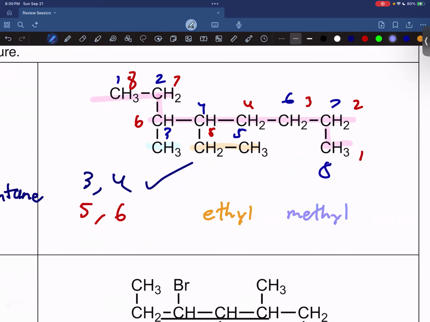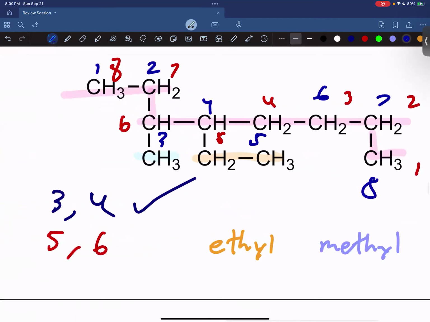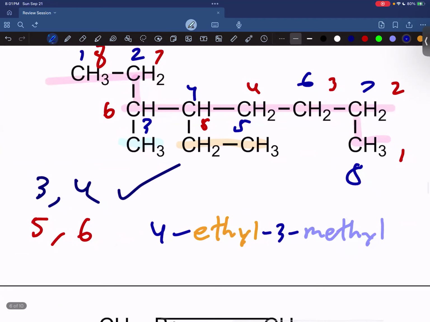Okay. We're looking at the blue numbering, right? So we want that 3 and we want that 4. 4 goes for the ethyl, 3 goes for the methyl. Remember, make sure you put your 2 dashes. We will give you a point off if you don't put 2 dashes. You've got to separate numbers from words. It's a given rule you have to.